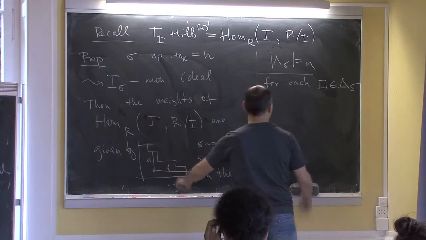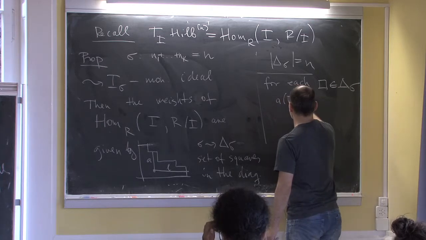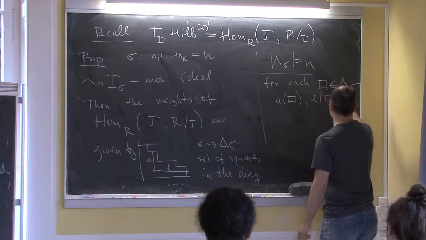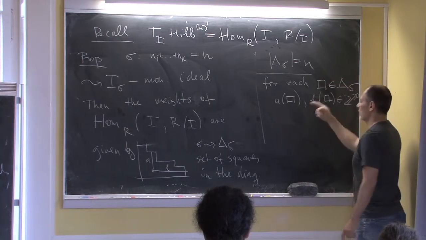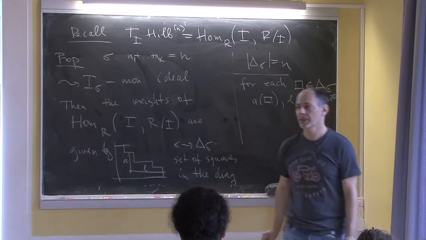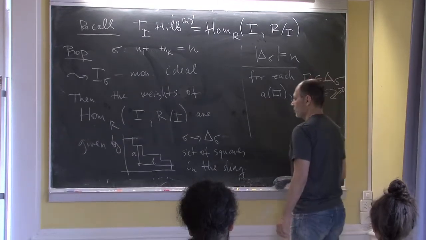So there's 2 functions for each thing. You now have 2 integers, the arm of this square and the leg of this square. So these are just 2 non-negative integers, which is just the distance until the corresponding boundary, okay? And so for each of these, you introduce the following 2 weights.